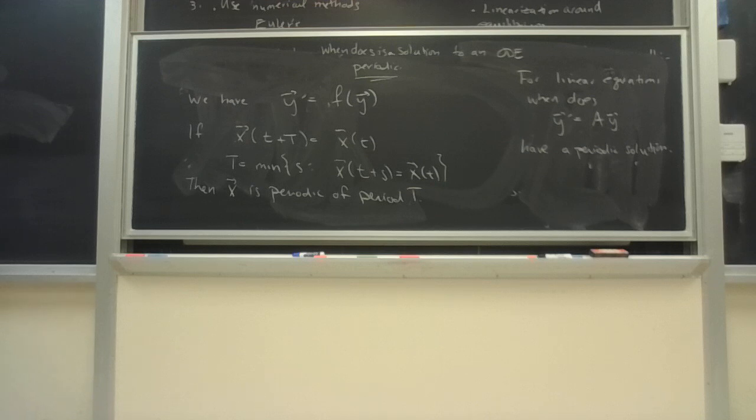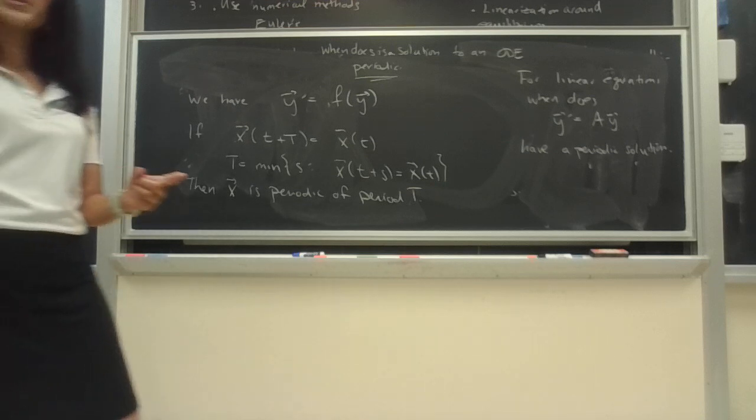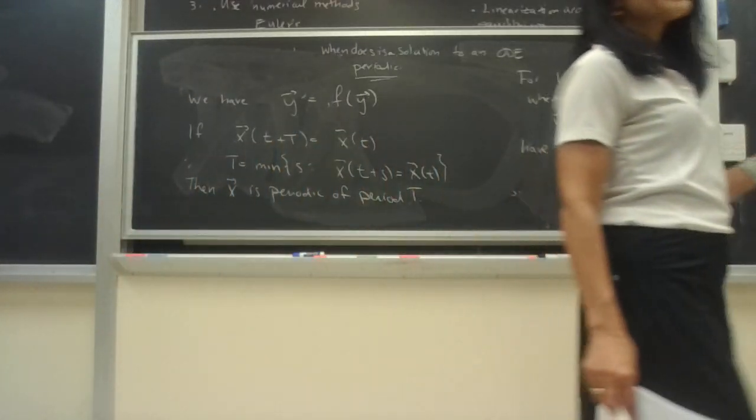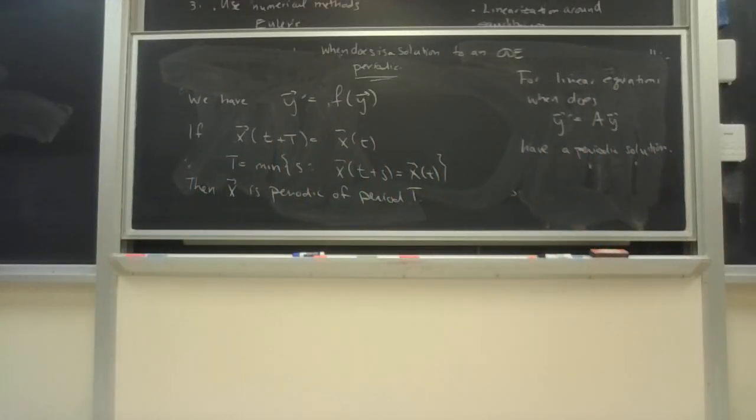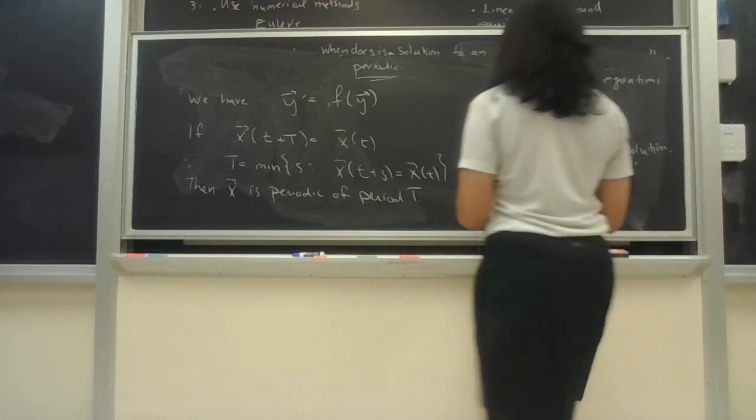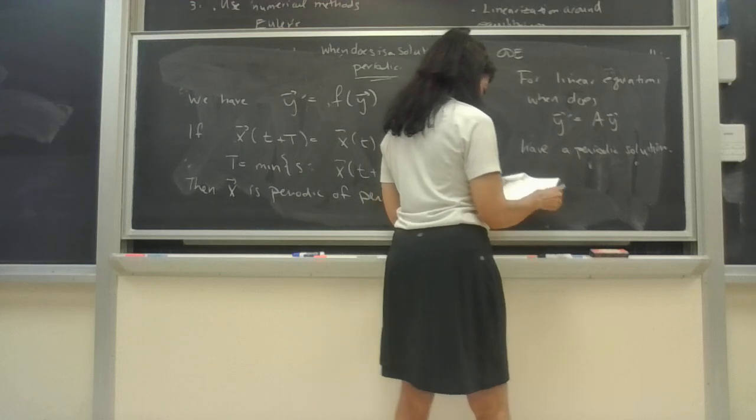Not real. But I could have like a plus bi. What happens when the a is positive? Right, so that's not a periodic solution because it's going to blow up. What if a is negative? Then it's stable, and it converges to an equilibrium point. That's not periodic. What's the only case that you have when you're going to get a periodic solution? Zero real part. And I think that was Dr. Groves that talked about that.